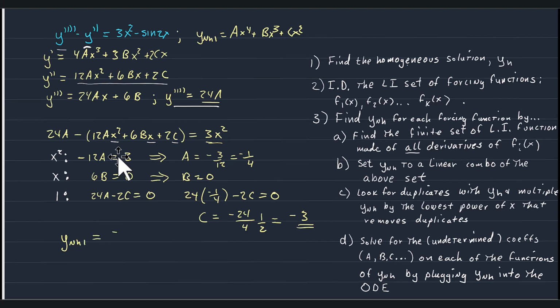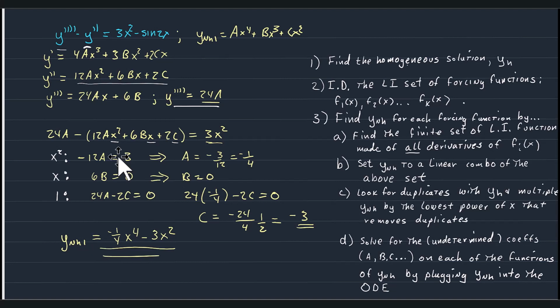So it's minus 1/4 x to the 4th, which was a times x to the 4th, and then minus 3x squared. Okay, so now we've solved for our undetermined coefficients for our first non-homogeneous solution for our first forcing function.